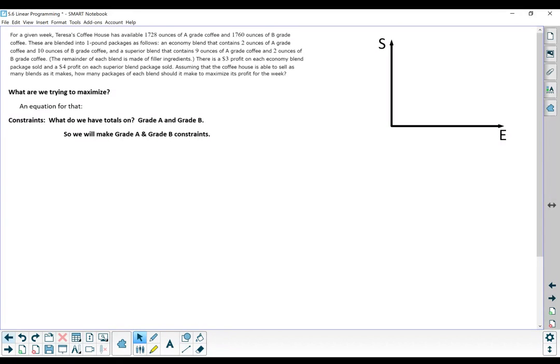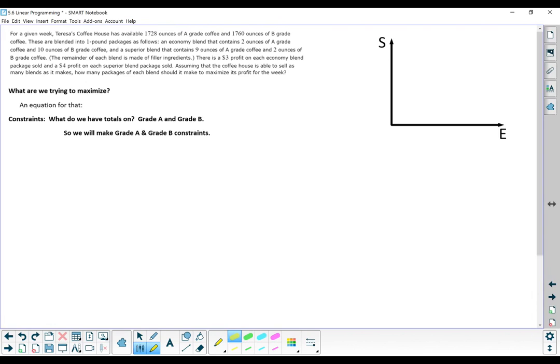So the first question that you should ask yourself is, what am I trying to maximize or minimize? And in this case, we want to know how many packages in order to maximize profits. So we are trying to maximize profit. So we need to think about how to write an equation for profit.